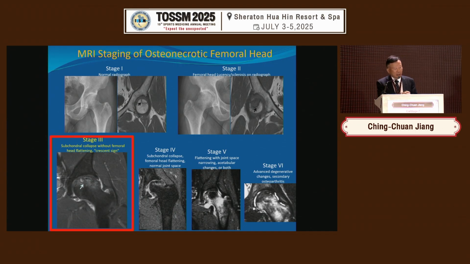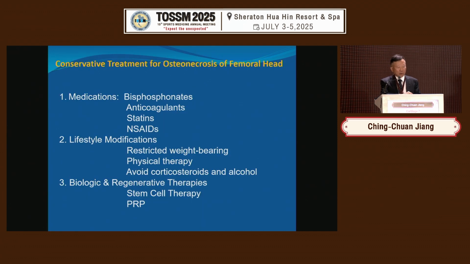The MRI staging of the osteonecrotic femoral head can be grouped into 6 groups, but we focus on stages less than stage 3. The conservative treatment for osteonecrosis of the femoral head includes medication. I think sodium bisphosphonate is pretty successful in treating early osteonecrosis, and lifestyle modification is also very important.